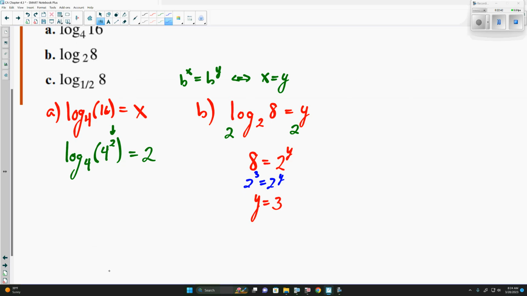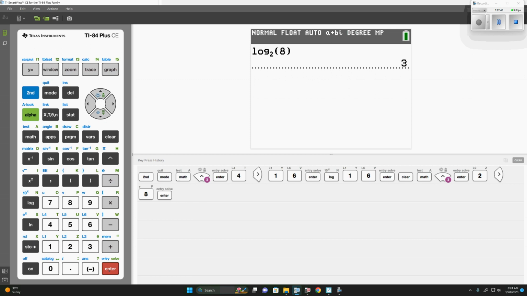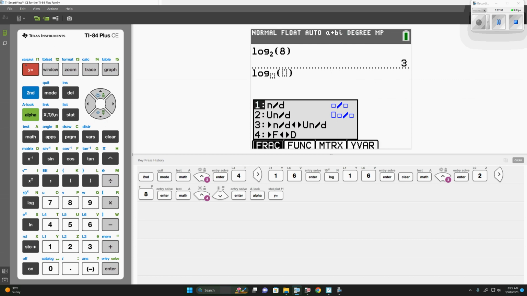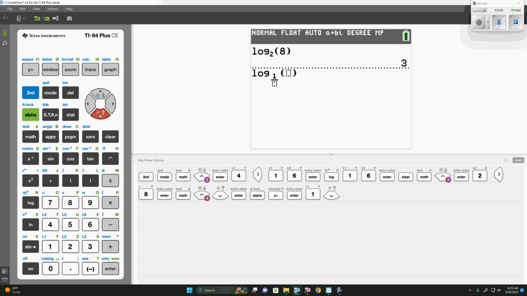Or the last one, log base 1/2 of 8. So we go math, log base, alpha y equals enter, 1/2 of 8 is -3.